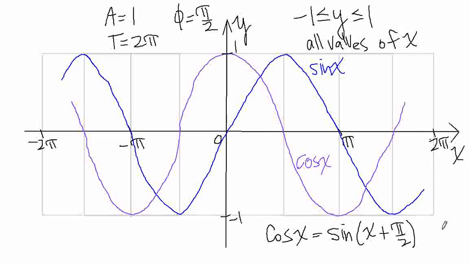Now, I would like to discuss related graphs involving other transformations. Okay? So, what would the graph of 3 sine of x look like?